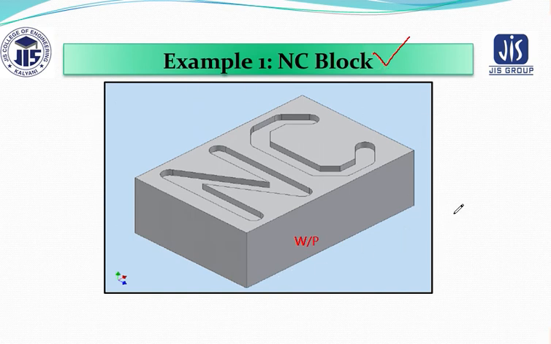I mean to say when you perform the machining by using G code and M code, after completion of the programming, the finished product that you are going to produce should look like this.